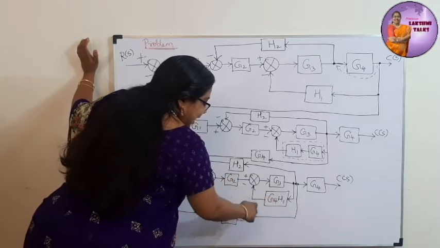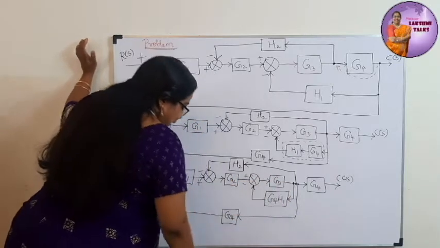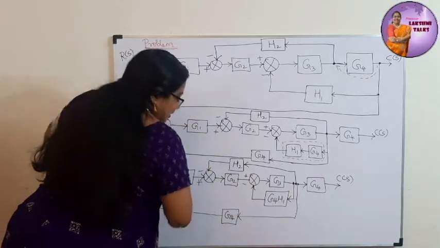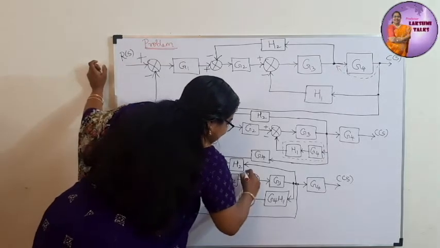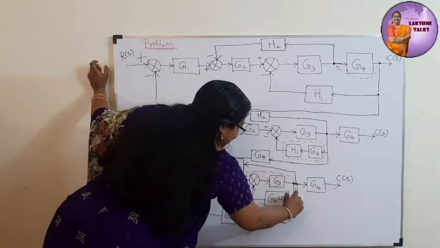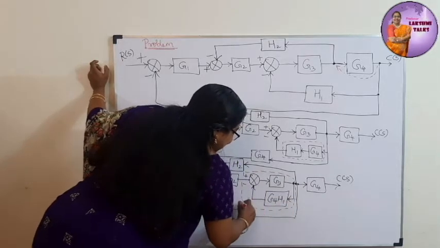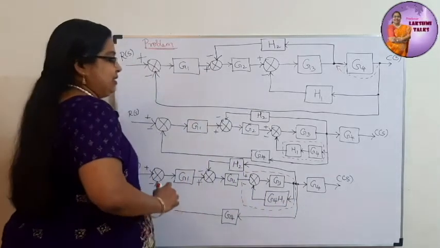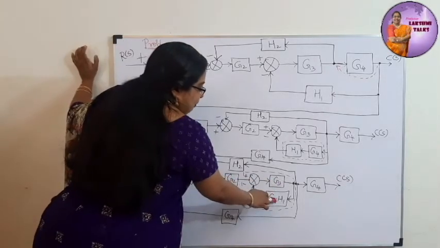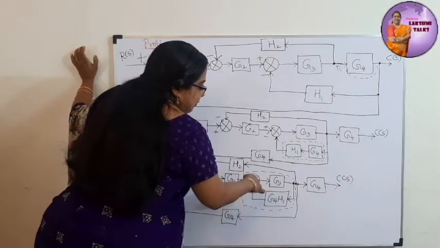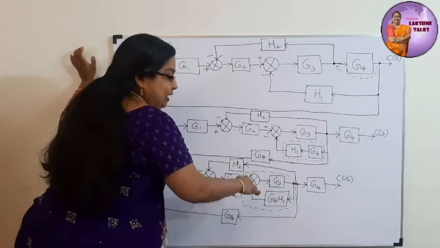Now you can see a simple feedback path, right? This is the forward path and this is the feedback, so you need to simplify this. How to simplify? This is a forward, this is a feedback. So G3 divided by 1 minus or plus.